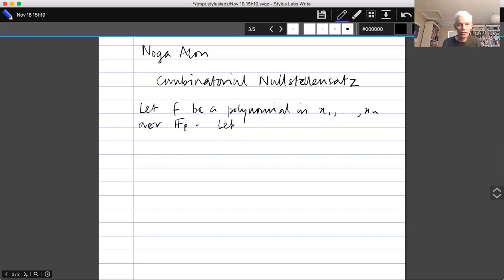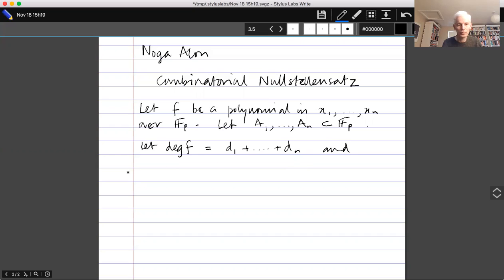And let A1 up to An be subsets of Fp. And let the degree of f, so the total degree of f, be d1 plus up to dn.